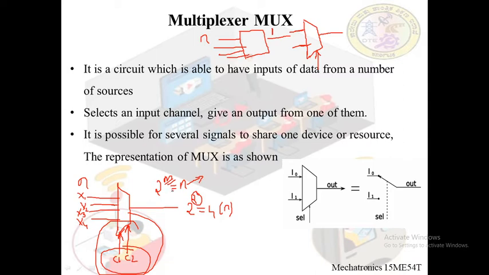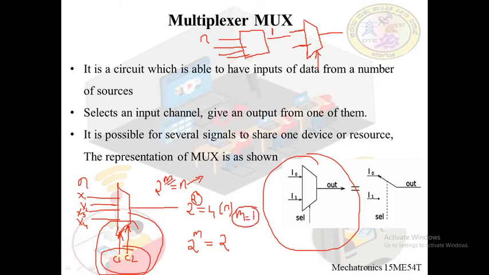they are called. So for, let us say, this example, we have 2 input lines, therefore 2 power m equal to the number of input lines n. The number of inputs is 2, so 2 power 1 is 2, therefore m equal to 1. M is nothing but the number of select signals, so the select input here is 1.